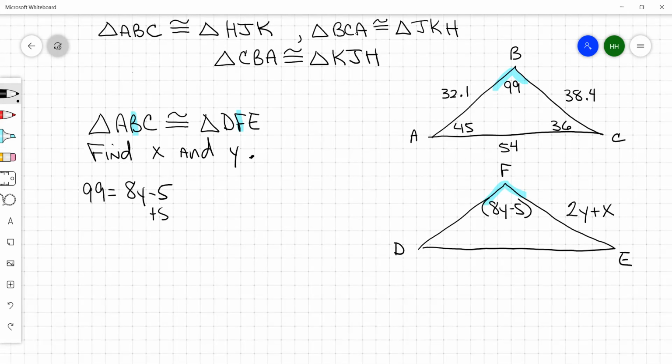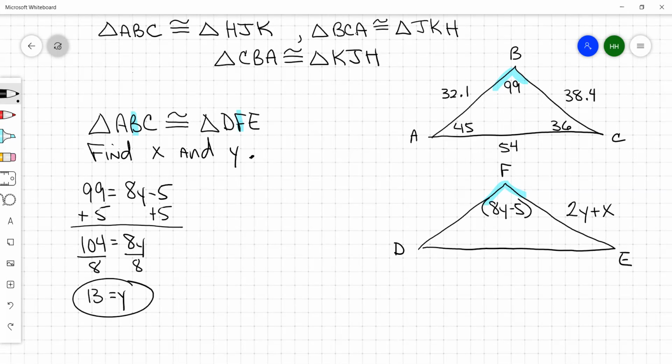And you can add 5 to each side, and we get 104 equals 8y. If we divide by 8, then 13 equals y. So there's your y.